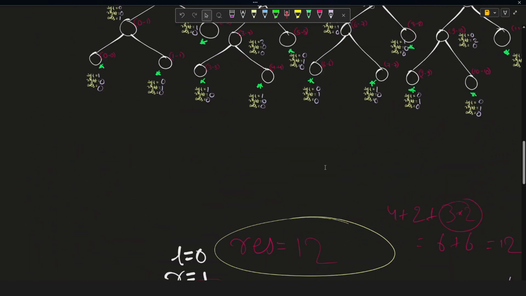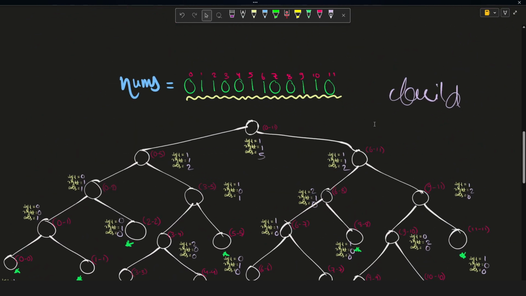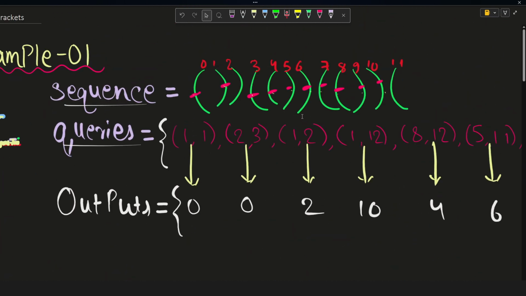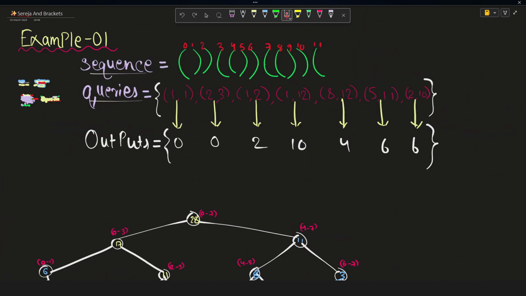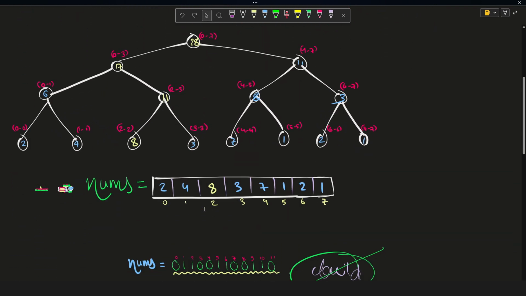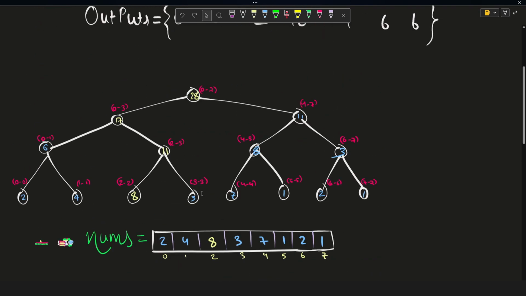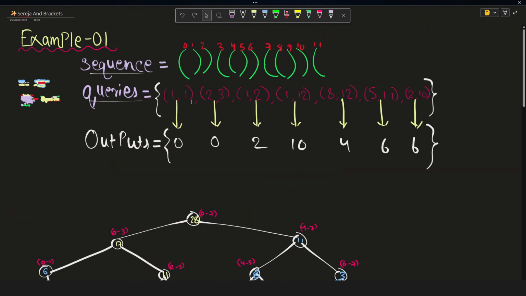So once we have understood how we will build this segment tree, I guess half of our work is done already, right? Now we just need to answer each and every query. When I was explaining the brute force method, I explained each and every query one by one, how the outputs are coming for each one of these, right? If I want to explain the same thing for each and every query for this segment tree, then the video will become too lengthy.